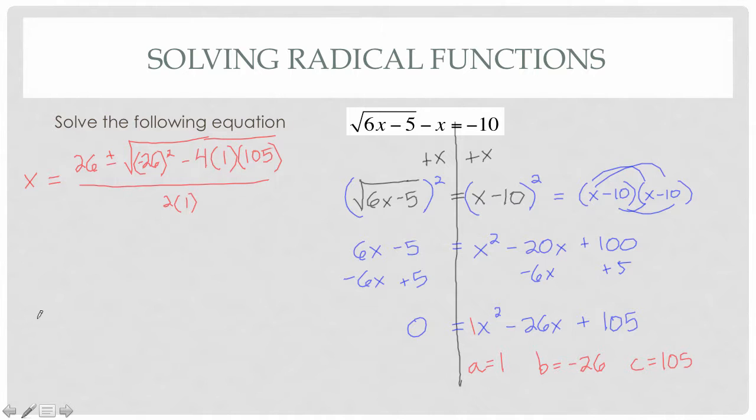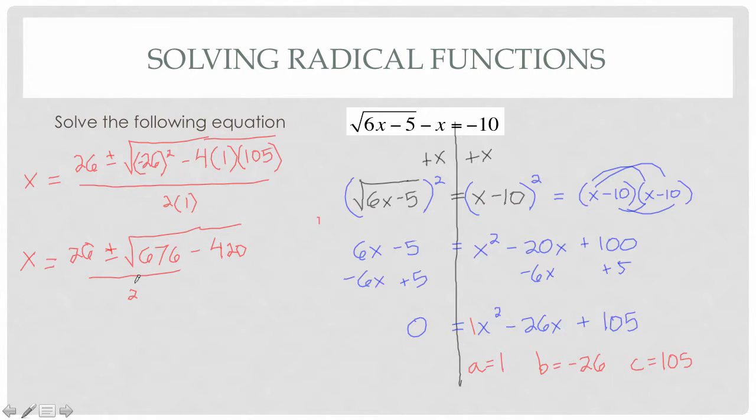All right, let's simplify this down. If I do everything under the square root, negative 26 squared is 676. So we've got 26 plus or minus the square root of 676 minus 420, if we do 4 times 105, all divided by 2.